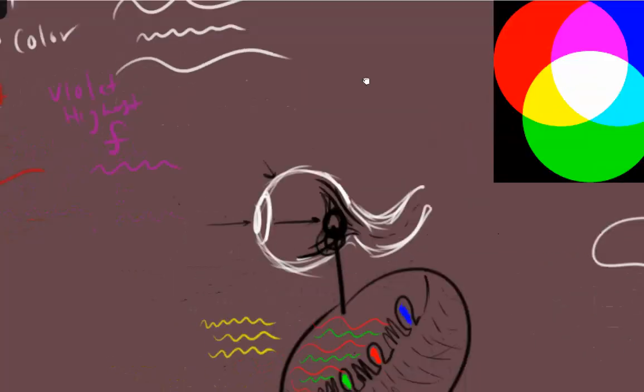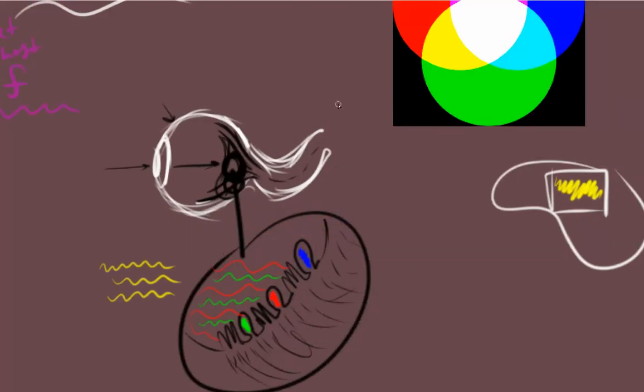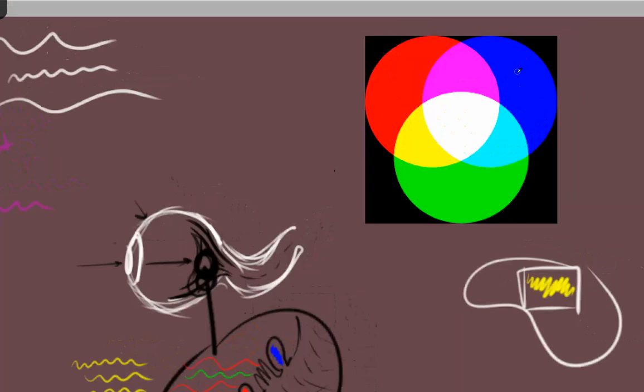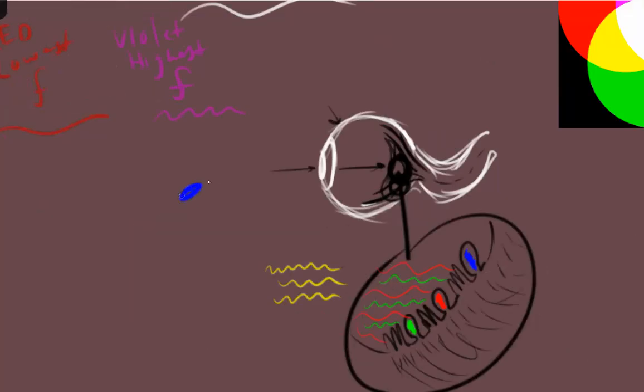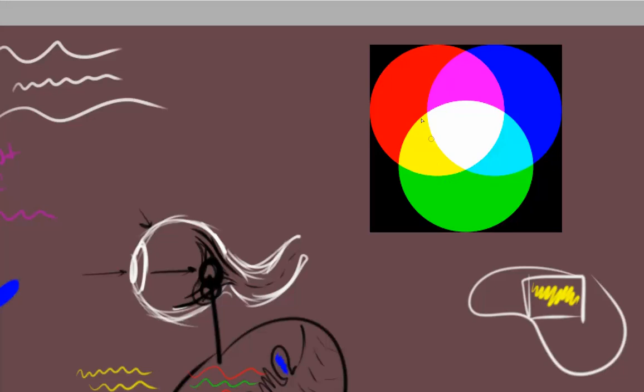But with art, with paints, it's kind of the same thing, but with the pigment in the paints, it reflects that light that we see. So say if there is a blue paint, that's a nice blue, it's going to take in all these other colors.